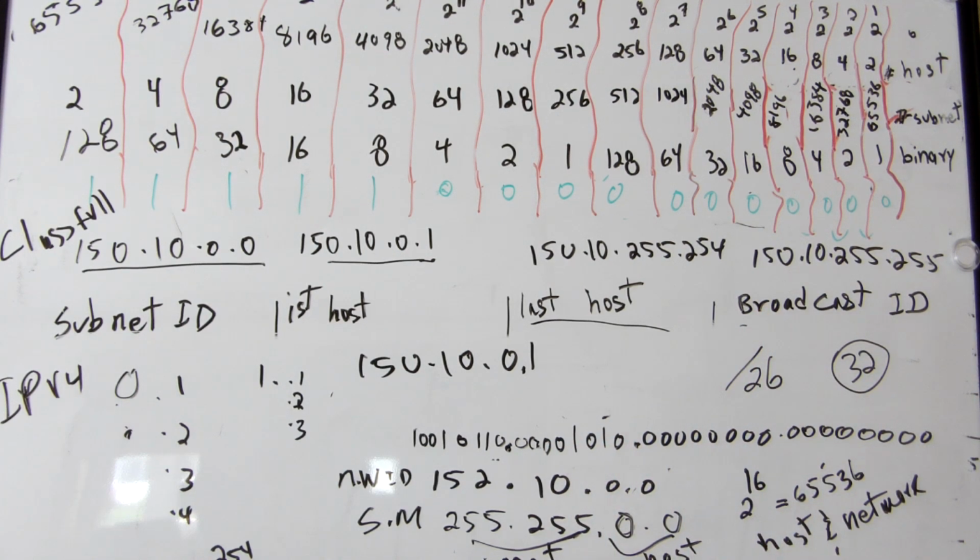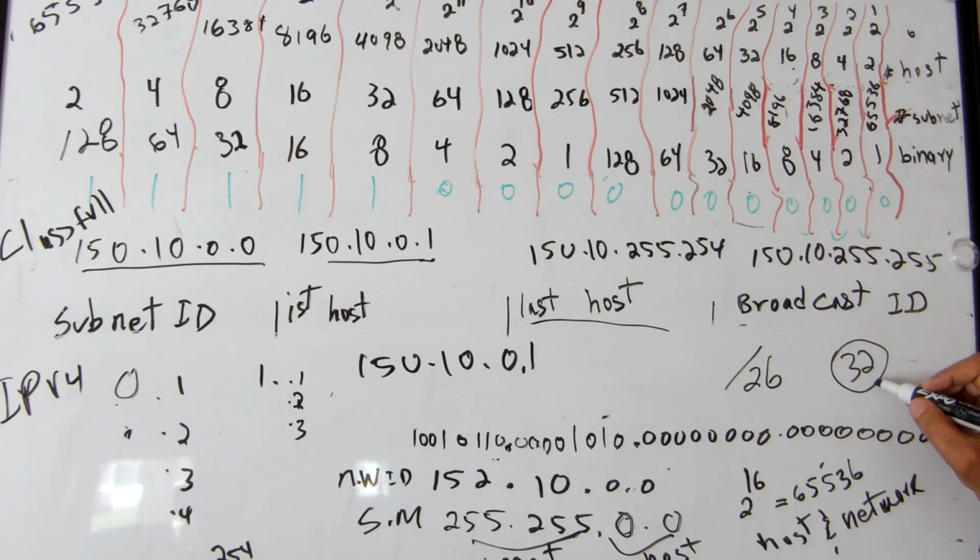There are four octets of 8 bits. 4 times 8 is going to be 32.